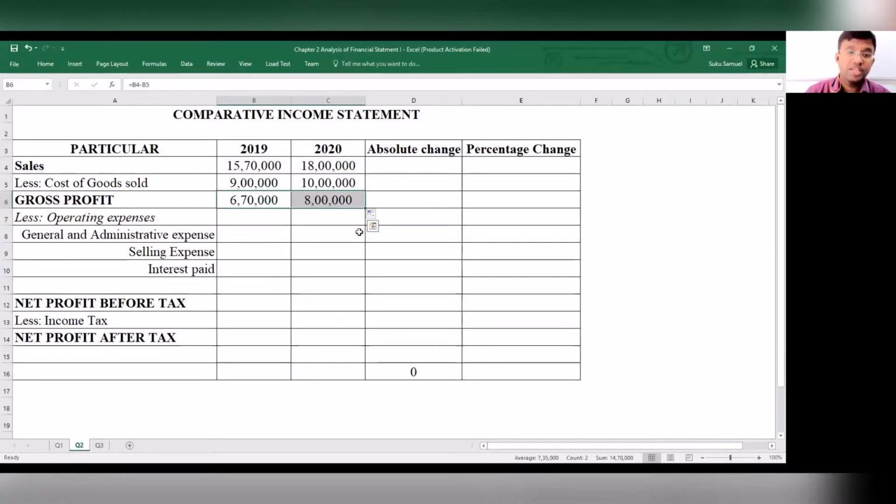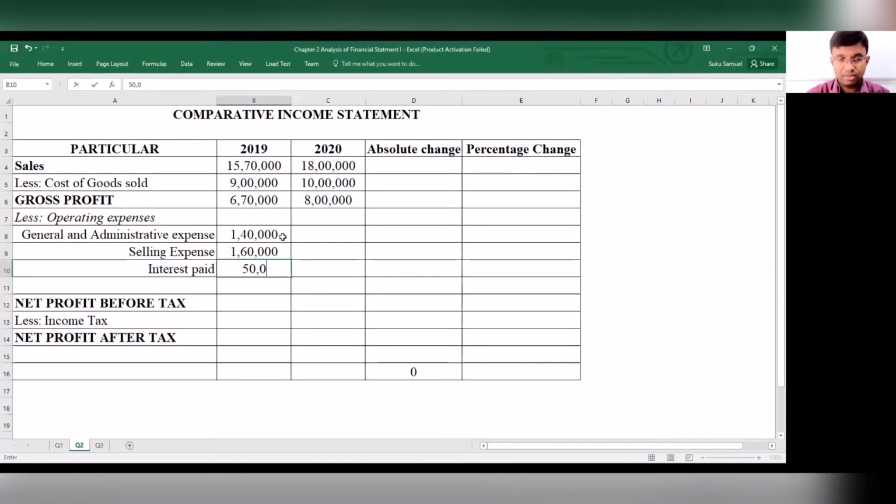From the gross profit, we will have to subtract all the operating expenses. So in other words, we will have to subtract all the indirect expenses. Now, what are the indirect expenses that we have in this question? We have general expenses, then we have selling expenses. Selling expenses is 1,60,000. Then you have interest paid.